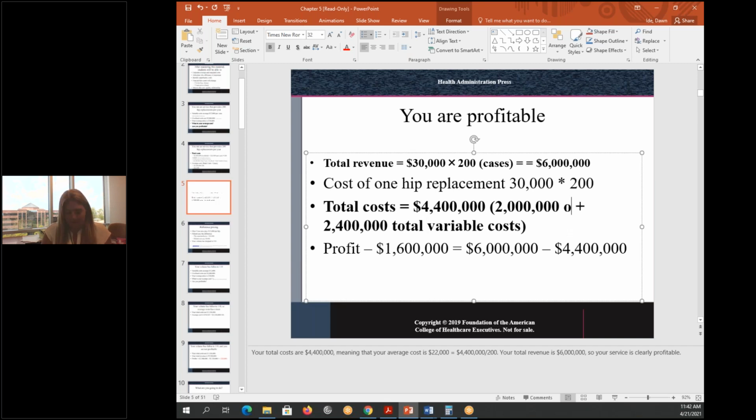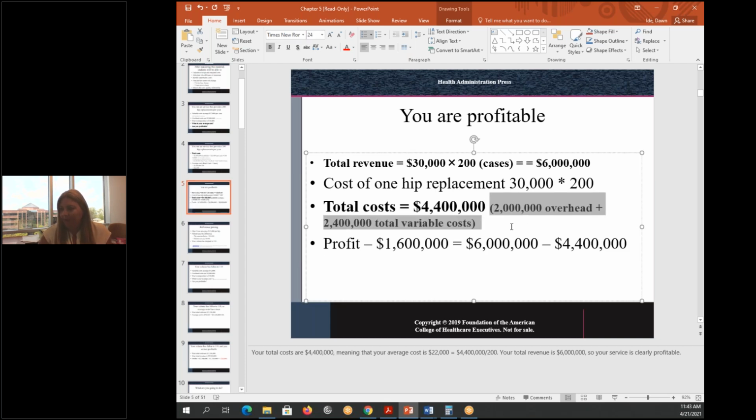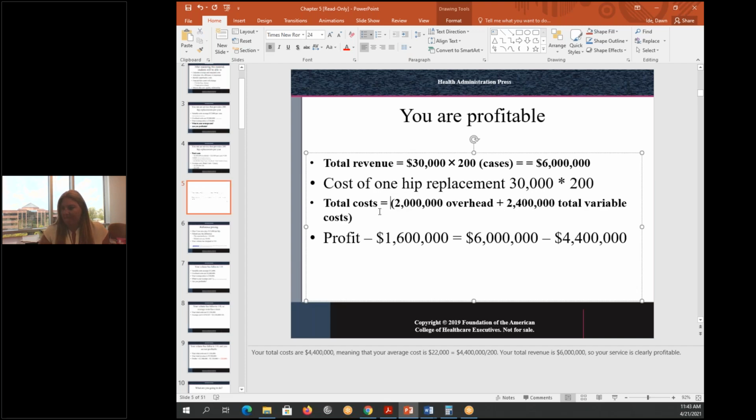So the $2 million was overhead, and the $2,400,000 was variable costs. I'm doing this so you remember where these numbers came from, even though we just went over them, and we could always go back a slide, but it's just easier. So our total revenue, and I'm going to move this too. Okay, so our total revenue was $6 million, but our total costs were $4,400,000. So what does that mean to us?